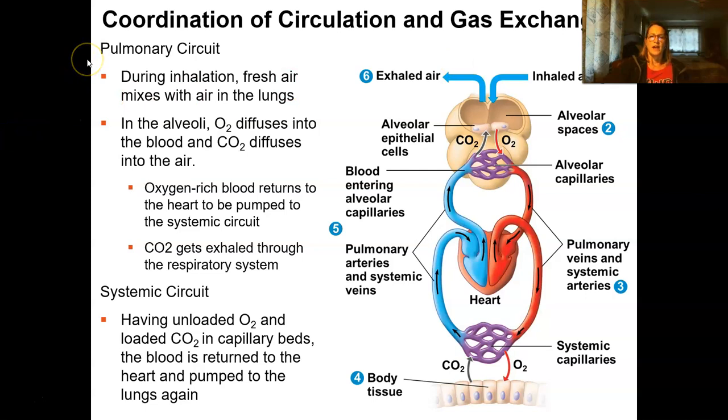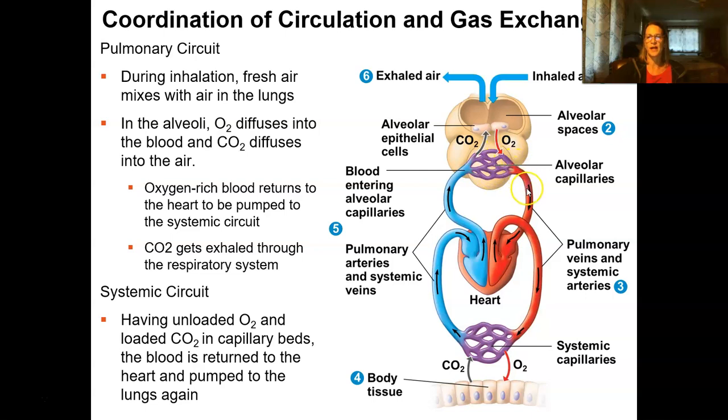Now we can talk about the pulmonary circuit and the coordination of circulation and gas exchange. If we start here, we have inhaled air that's coming in through our lungs into the alveolus. The alveolus within the lungs is the site at which deoxygenated blood becomes oxygenated in these alveolar capillaries.